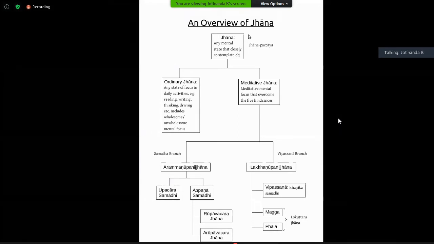Okay? So in the widest sense, at the top here, jhana means any mental state, any state of consciousness that closely contemplates the object.